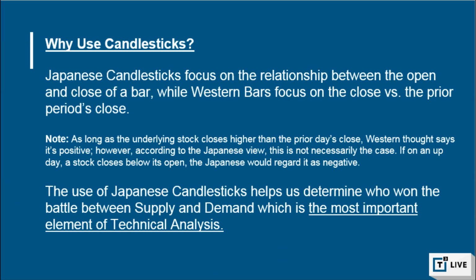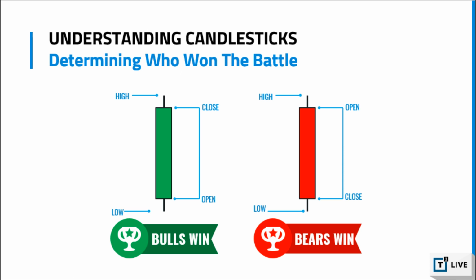Now, when it comes to Western thought, Western bar charts, as long as the stock closes above the prior day's close, or above the last bar's close, they say it's bullish. But according to the Japanese view, it is not necessarily the case.